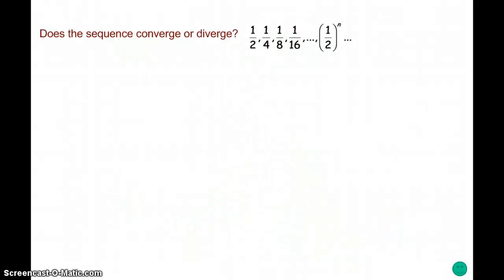All right, let's see if we have another example here. One last example. Does the sequence converge or diverge? Well, we could put it inside the limit, or we could also recognize what's going on with the nth term. Do you recognize that this is a geometric sequence?